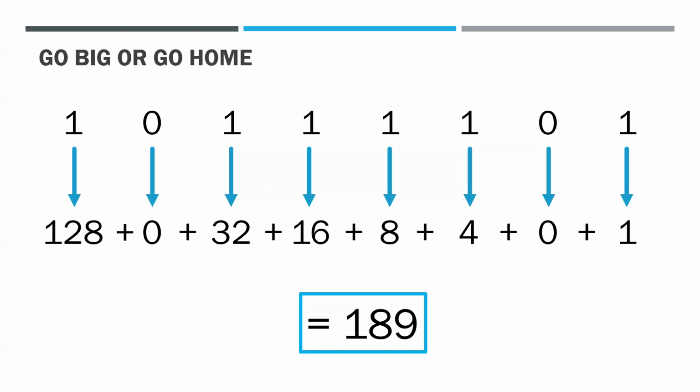This is just a little trick that I learned at some point for adding up large groups of numbers quickly. The trick is to cluster things together into values that end in a 0 and then add those chunks together. So as I was pointing out, 128 and 32 fit nicely together because they add up to 160. Similarly, the 16 and the 4 group nicely together because they add up to 20.